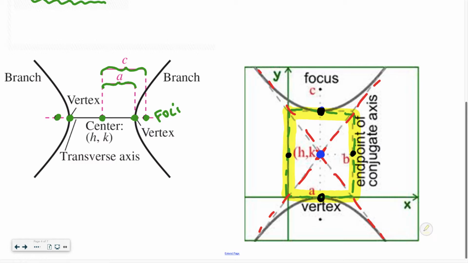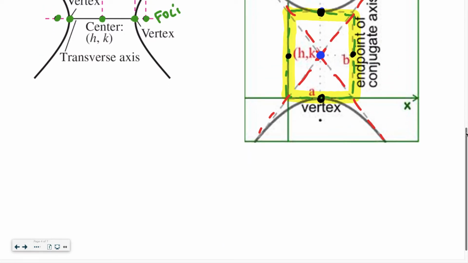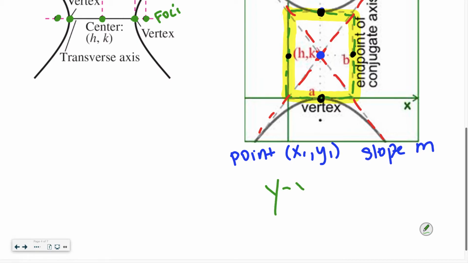Okay. Now, I want to remind you of how to write a line in point slope form. If we know a coordinate and we have slope, then the equation of our line is y minus y1 equals slope times x minus x1.